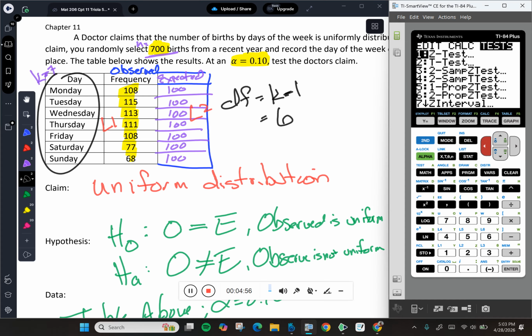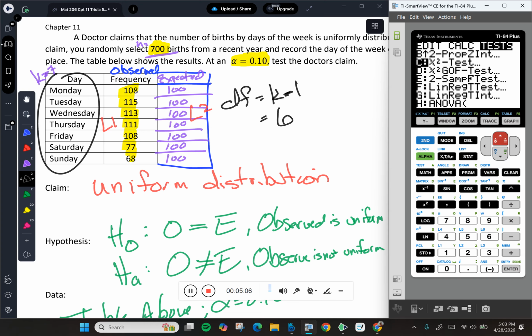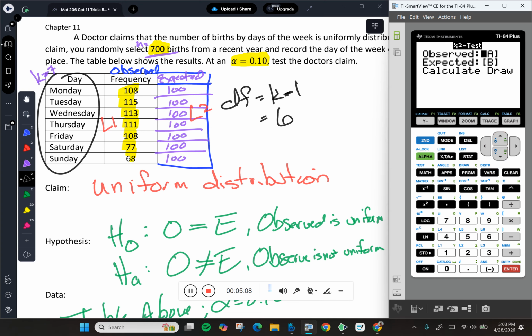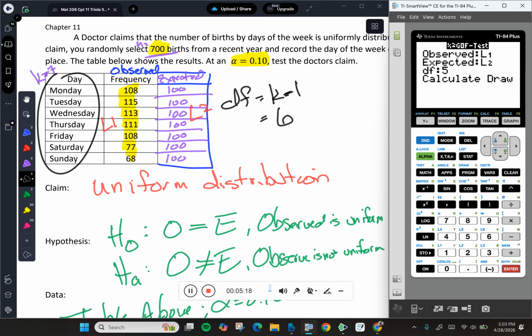So then stat, over to test, up to chi-squared goodness of fit test. Observed is L1. Expected is L2. Whoops. Gosh, I hate when I do that. Let me try this again. Stat, test, chi-squared goodness of fit test, observed L1, expected L2, degrees of freedom 6, calculate.